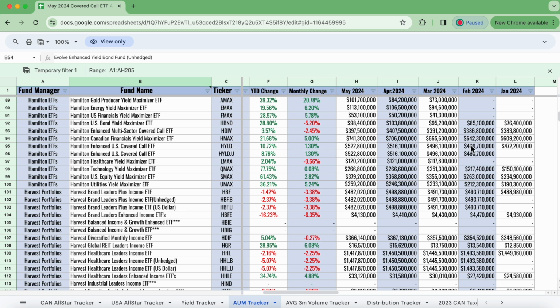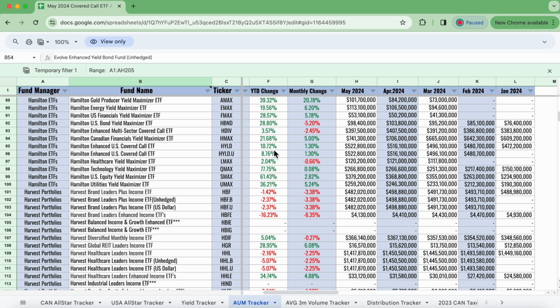Let's check out HYLD. This is, in my opinion, and I've been saying this for a year, definitely the darling covered call ETF of Canada. And it's seen a 10% increase, which is good to see. It is an older fund in comparison to so many newer funds that have come up in 2023, into 2024, maybe later in 2022 as well, when I found that the industry was really starting to hit its stride with more funds coming online.